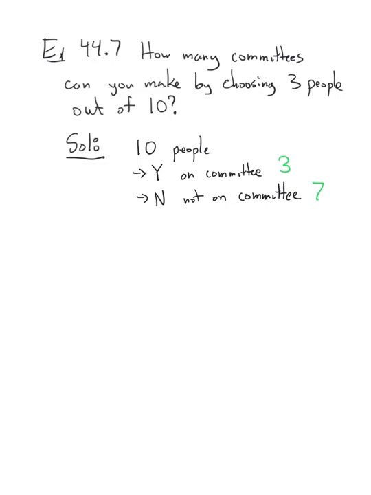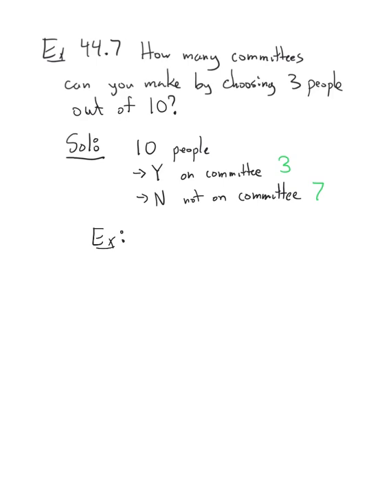And the way to think about this is, assign each person out of the 10 a position in the word. So if I write something like this as an example, this is just a little example, not the solution.